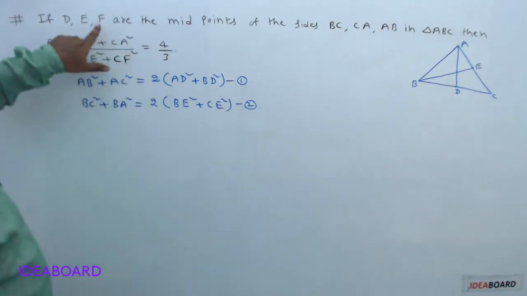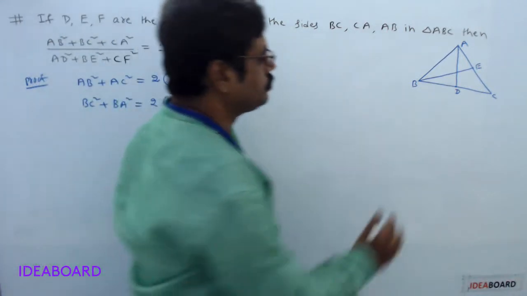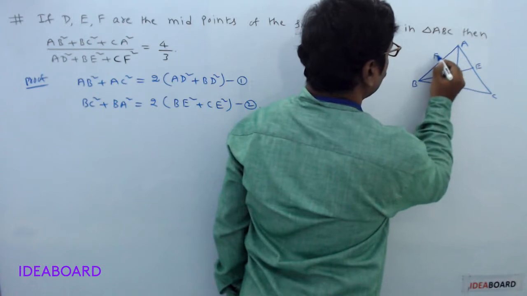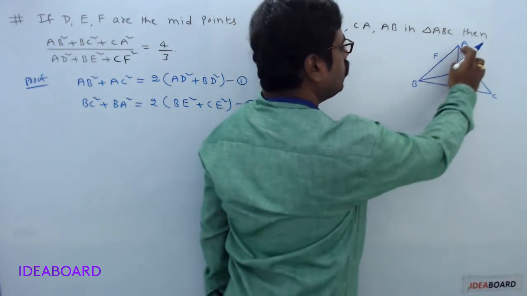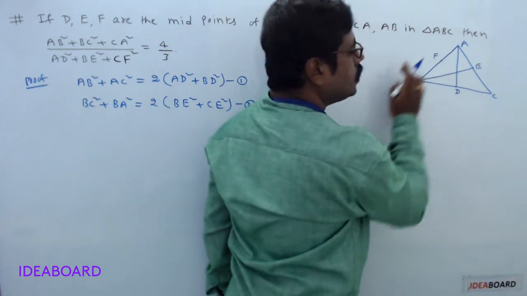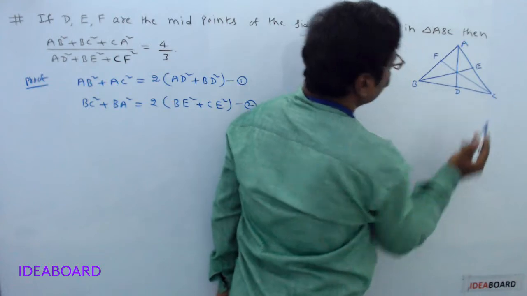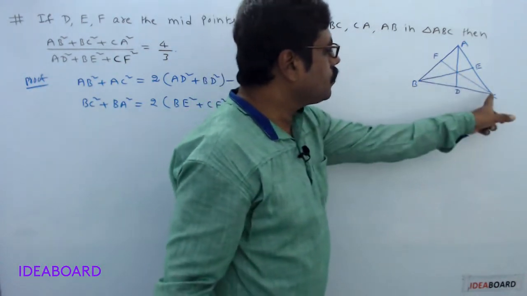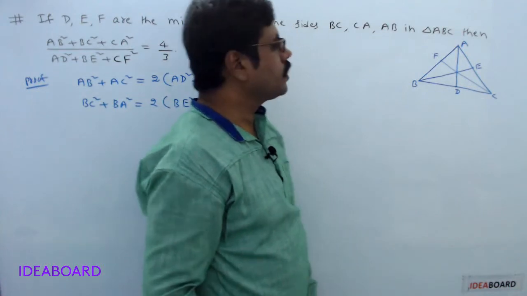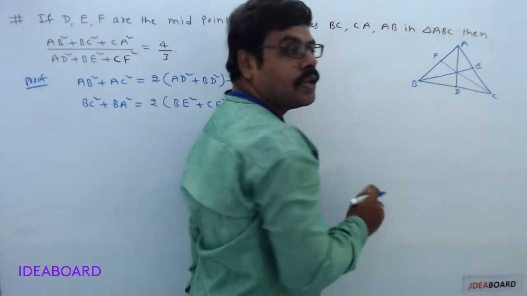Now again, F is the midpoint of the side AB. Suppose this is the point F. Now connect the points C and F. Now here CF is the median passing through the vertex C. F is the midpoint of the side AB.